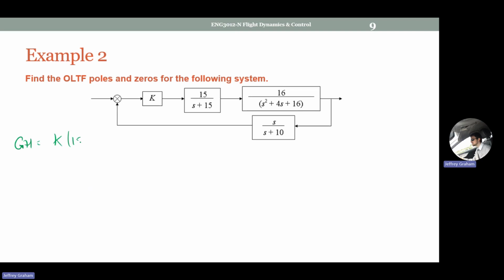We've got 15, 16, and S. On the bottom, S plus 15, S squared plus 4S plus 16, and S plus 10.